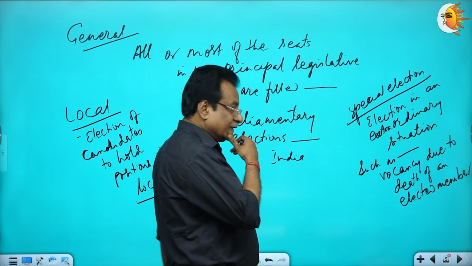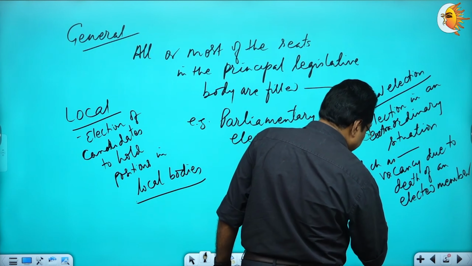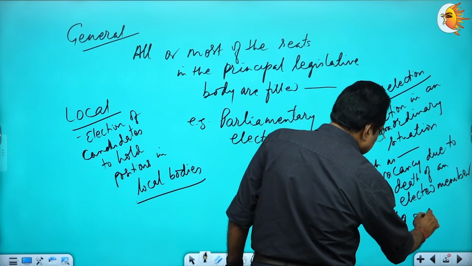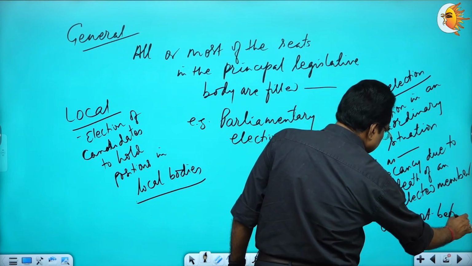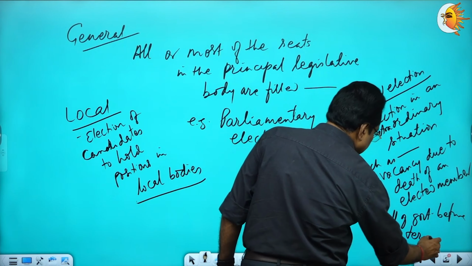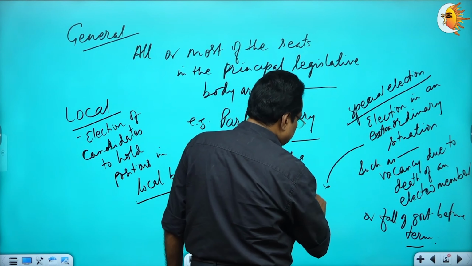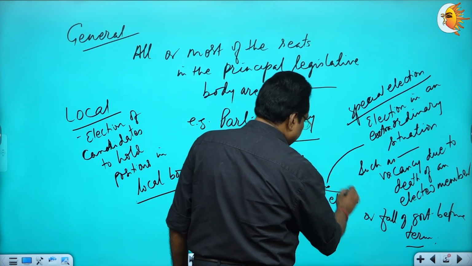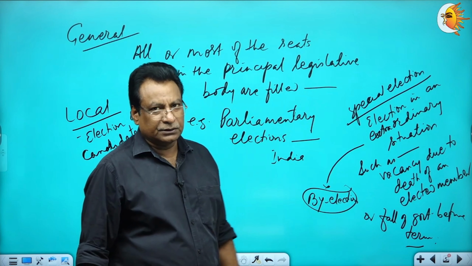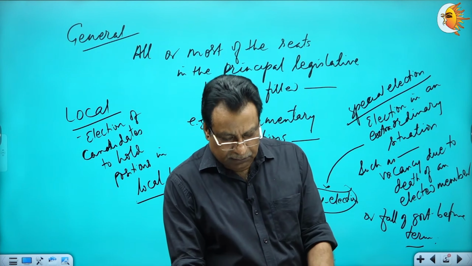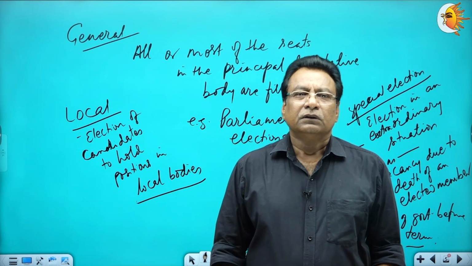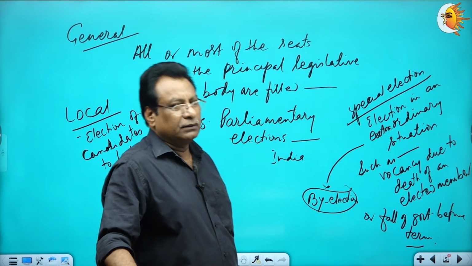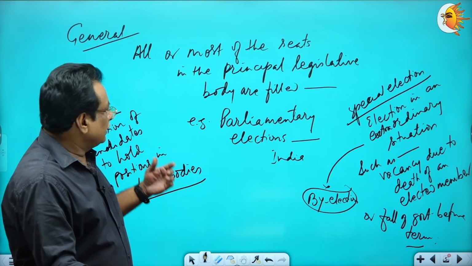If somebody dies, then the seat becomes vacant, or fall of government before term. So we have by-election. This is what a special election is. That is, these are the types on the basis of the nature of election: primary, general, special and local.